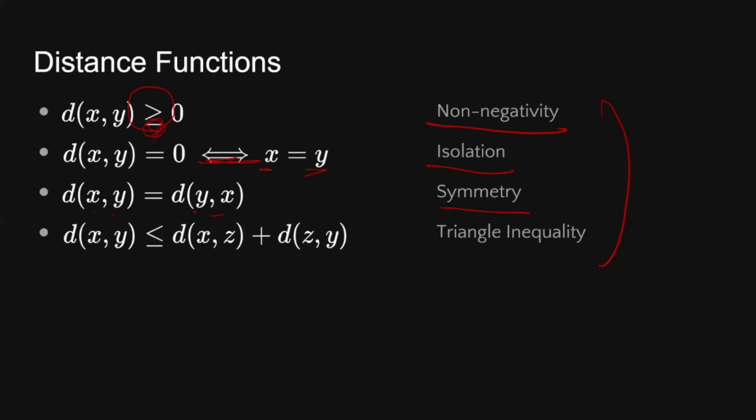And then finally, there's the triangle inequality condition, which says that when you take a detour, so instead of going straight from x to y, you visit z first and then go to y, the detour is going to take longer than going straight from x to y, unless z is right in between x and y. So those are the conditions that a distance function must satisfy.